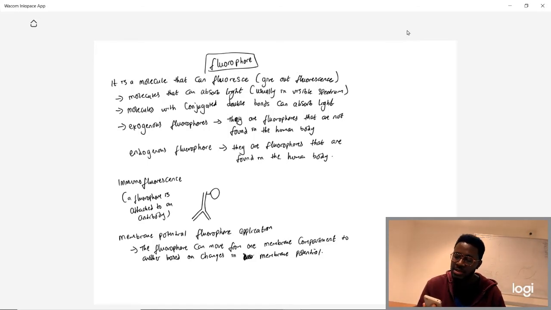Photo bleaching. Okay, so measuring fluorescence. The first one is the spectrofluorometer, obviously. You know the fluorometer, right?